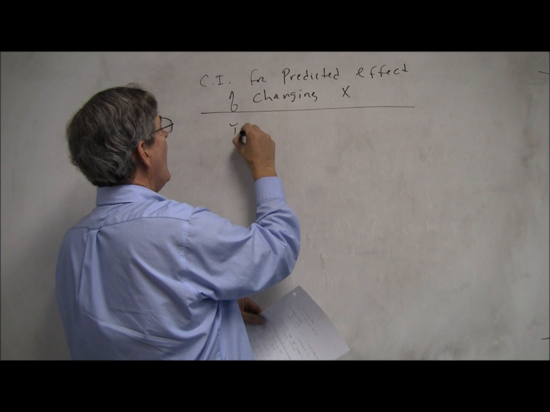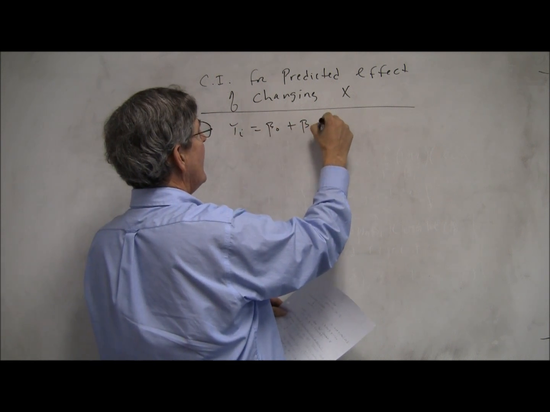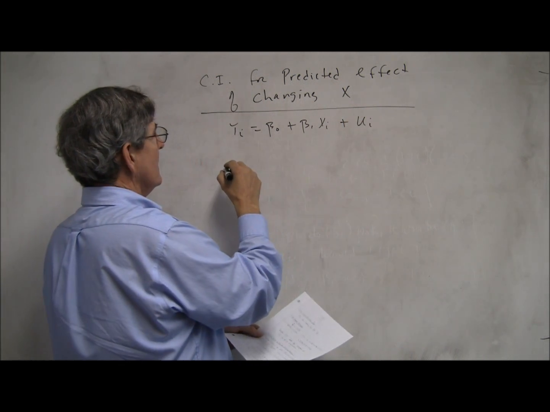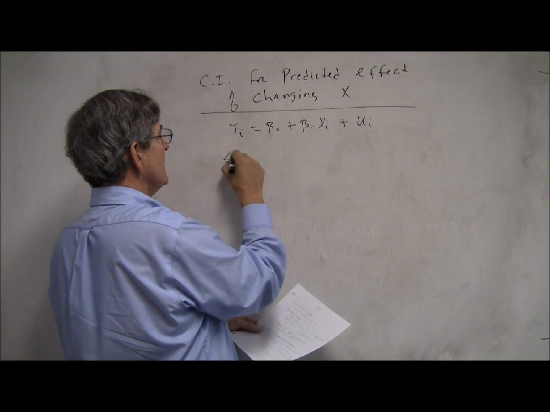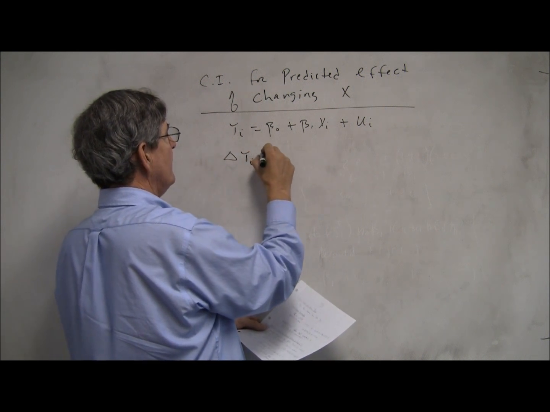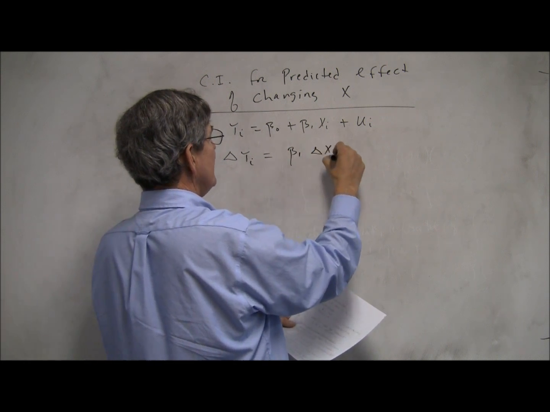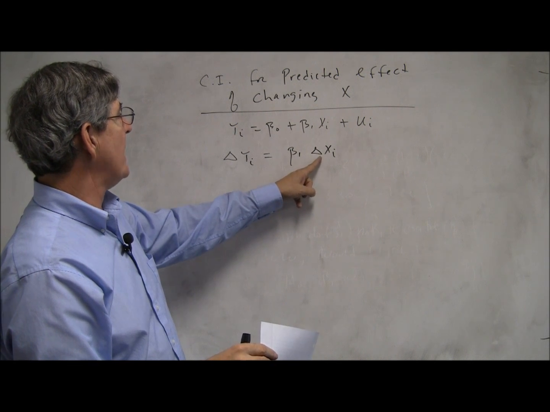Remember that yi is beta naught plus beta 1 xi plus ui. The change in y due to a change in x, delta yi, is beta 1 times the change in xi. So if I want to predict, suppose I change class size by 2.